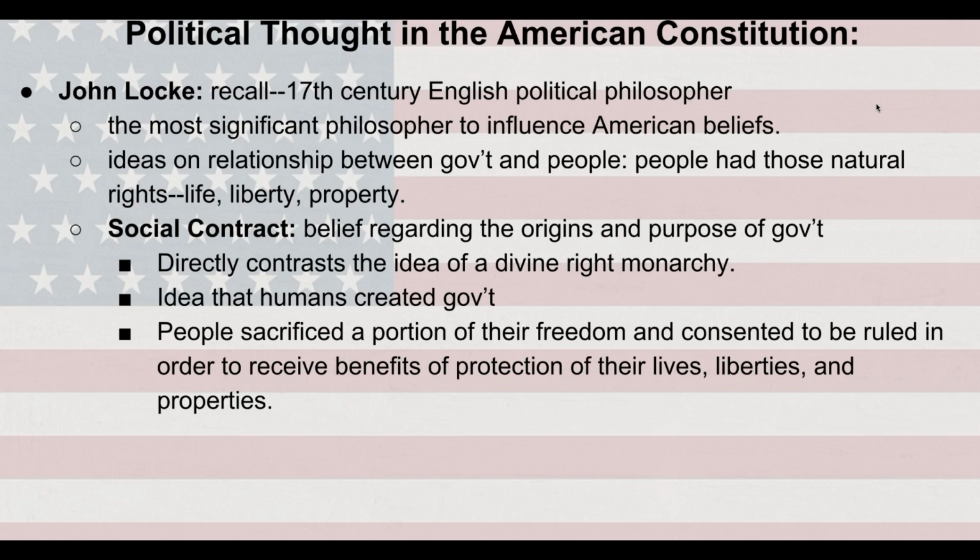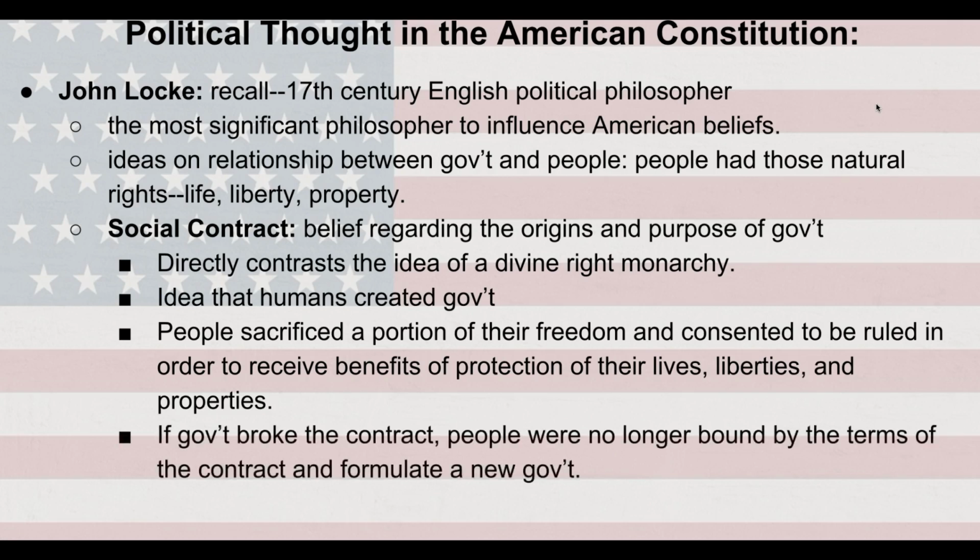And so there's an exchange going on. The people will live in a society that is ruled by a government that they have created as long as the government comes together and provides protection for these individuals. But if the government broke the contract, the people were no longer bound by the terms of the contract, and they could formulate a new government.